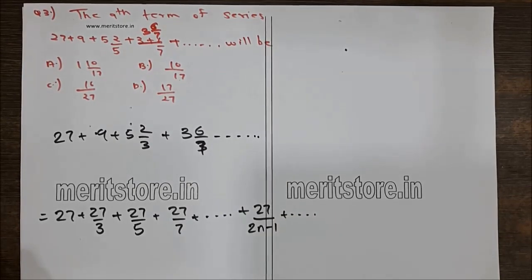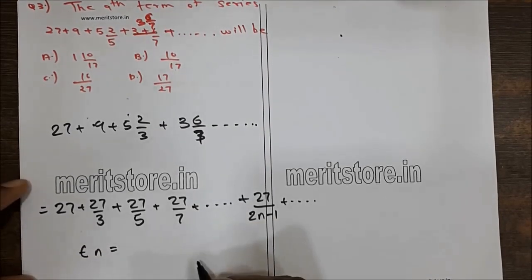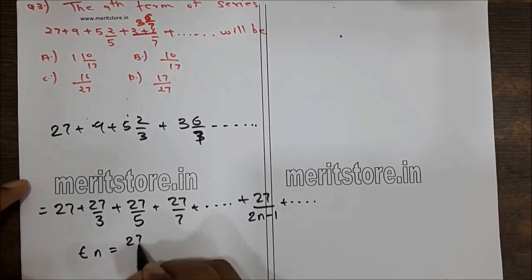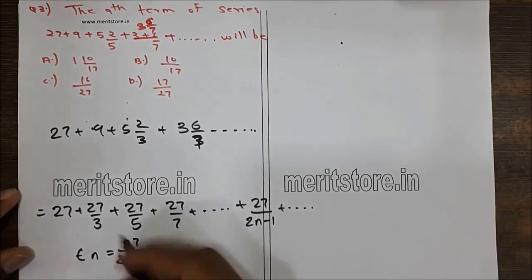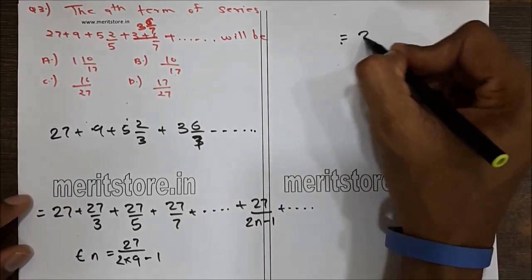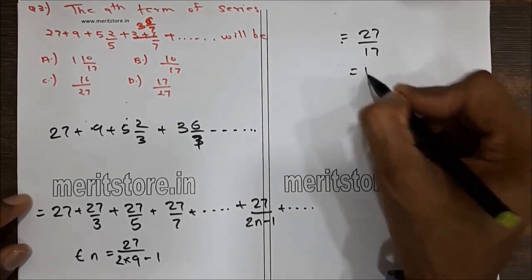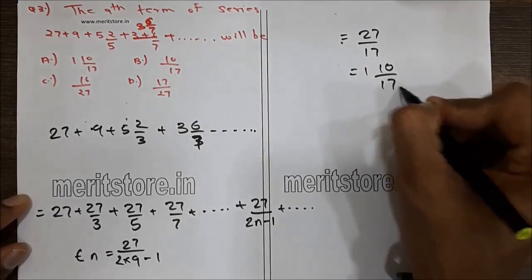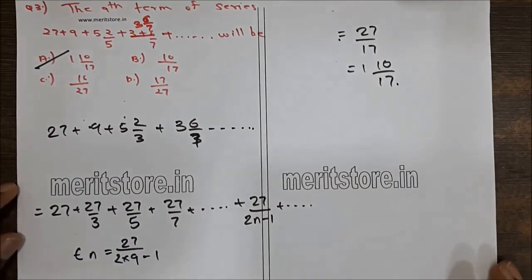So hence the nth term of the given series can be written as Tn is equal to 27 by (2 into 9 minus 1). Solving this, we get 27 by 17, which we can write as 1 10 by 17, which is our option A. Therefore option A is the correct answer.